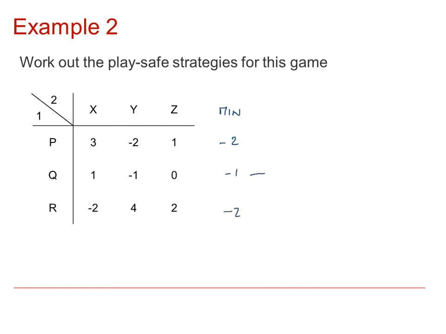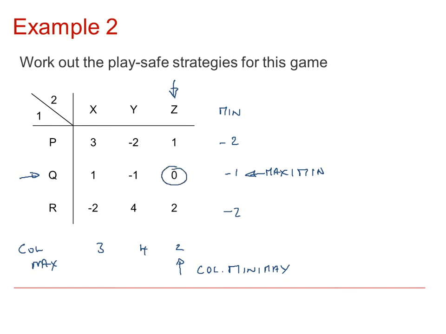So the maximin value is equal to -1, giving a play safe this time for player 1 of Q. The column maximum values are equal to 3, 4 and 2, giving a column minimax equal to 2, and therefore a play safe strategy for player 2 of Z. Now if they do that, then there's 0 to either of them, a draw if you like.